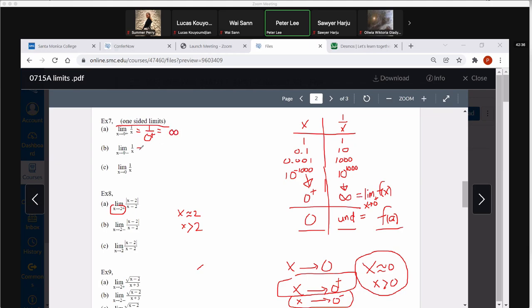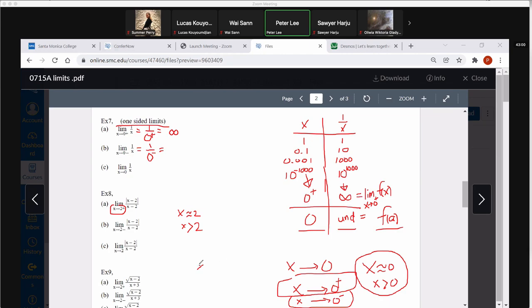Now let's look at 0 minus here. That would be 1 over 0 minus. Now what is 1 over 0 minus? Can you tell what this is? What does 0 minus mean?